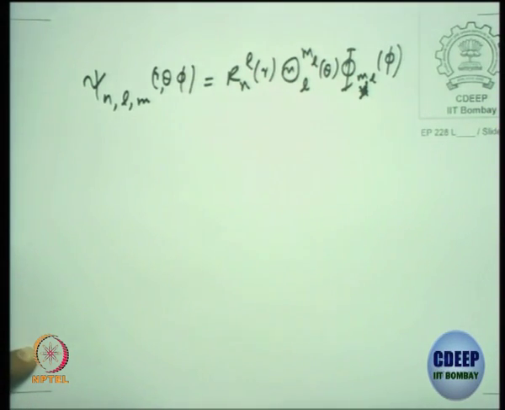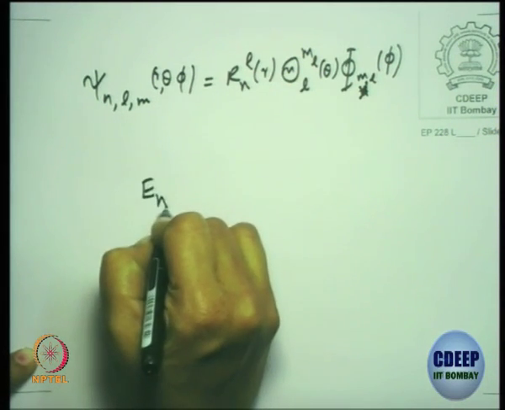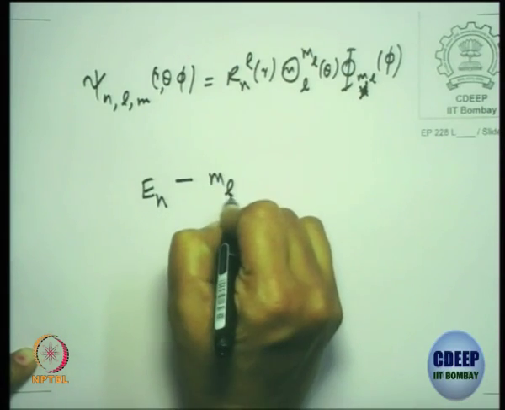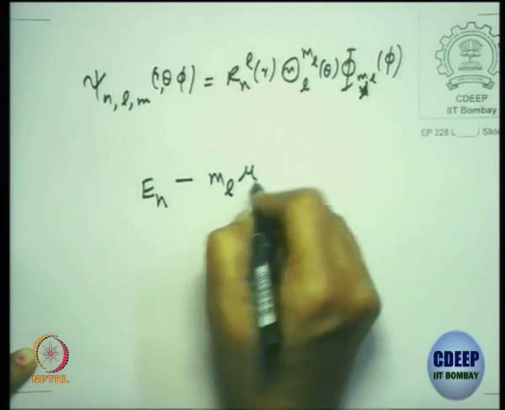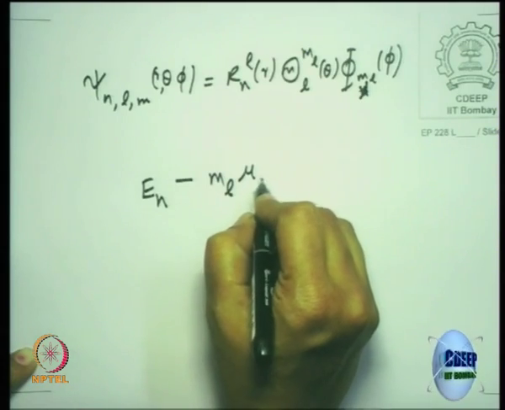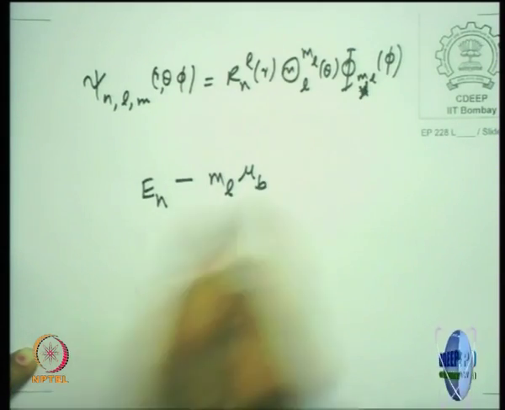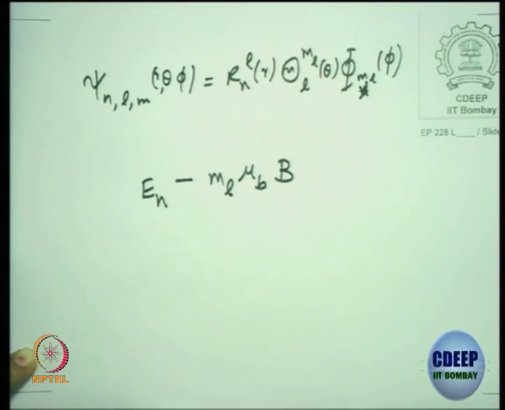And that keeps adding to your energy eigenvalue. So whatever you found, En will get an ml mu B. That's what will happen.